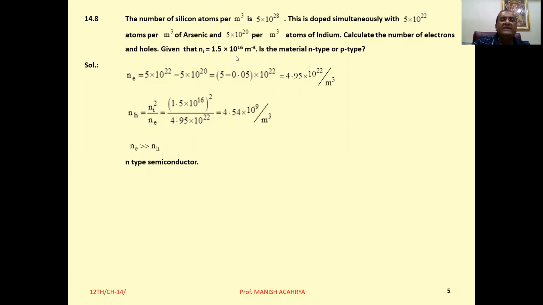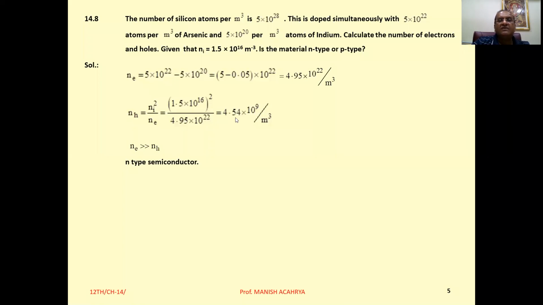Now Ni that is given to you, Ne is calculated. So we have Ni square, that is Ne Nh. So we can write Nh that is equal to Ni square upon Ne. Ni square, so that is 1.5 into 10 raised to 16 whole square upon 4.95 into 10 raised to 22.